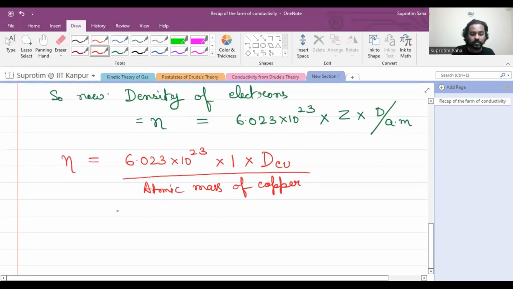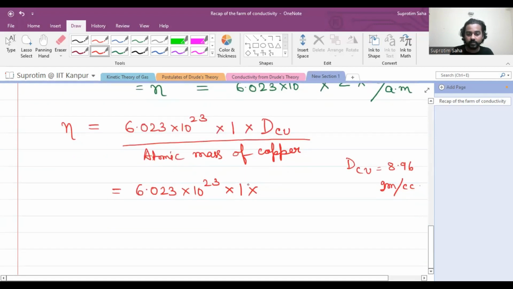So 6.023 into 10 raised to 23 into 1 into the density of copper, which is 8.96 gram per cc.